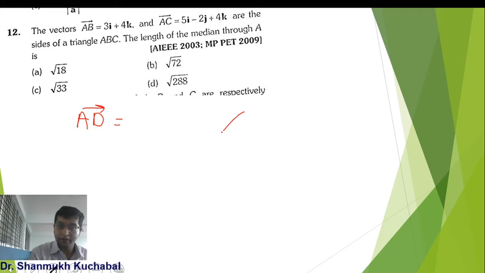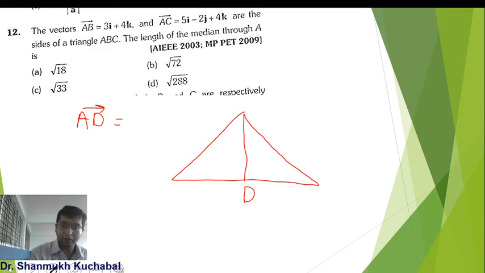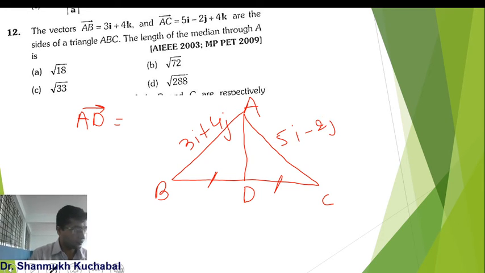This is a triangle and D is on the median, which divides the side into equal parts this way, and these are A, B and C. AB is given as 3i plus 4k, and AC is given as 5i minus 2j plus 4k. Then we have to calculate the median AD.